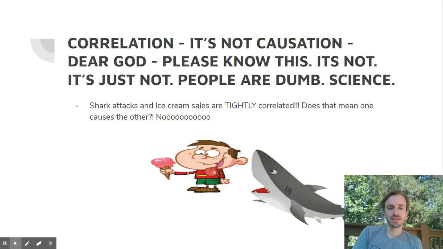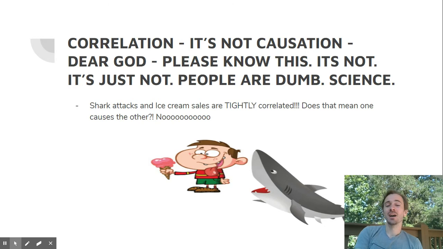No, of course not. That's insane. But what it means is that summer happens, which causes both more ice cream sales and shark attacks. So we got to recognize that correlation cannot be causation at all times. It can be at times, but we have to prove that with experiment. We cannot do it with just a correlational study.